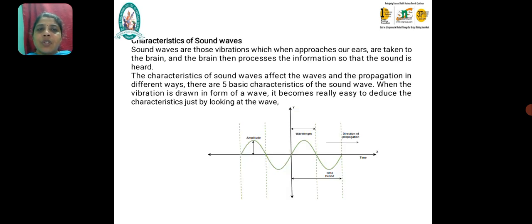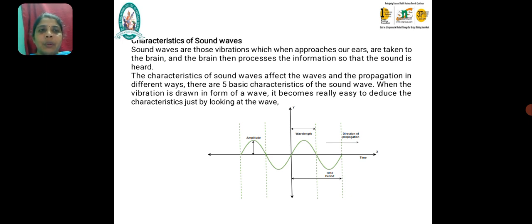Next, characteristics of the sound waves. Sound waves are vibrations that reach the ear, and are taken to the brain, which accesses the information. Already we have seen the structure of the sound waves: amplitude, wavelength and time.